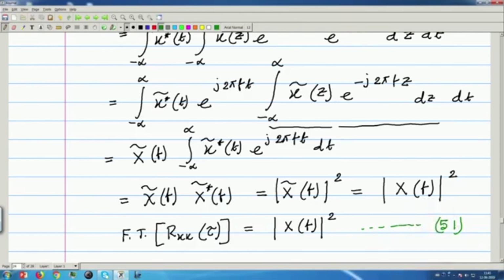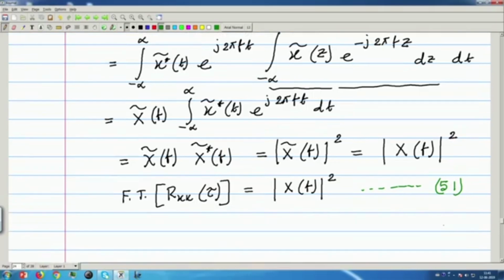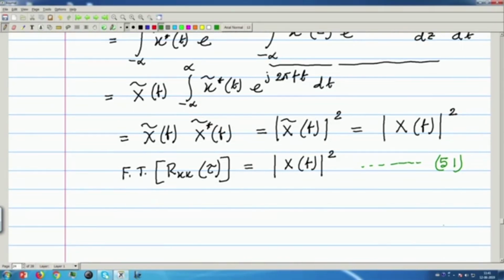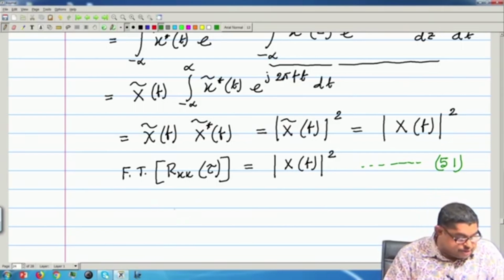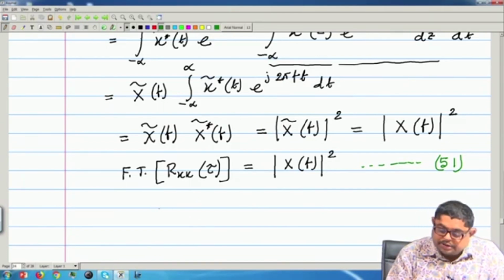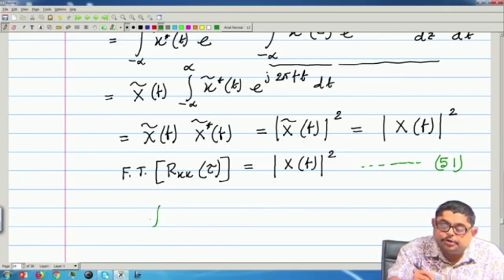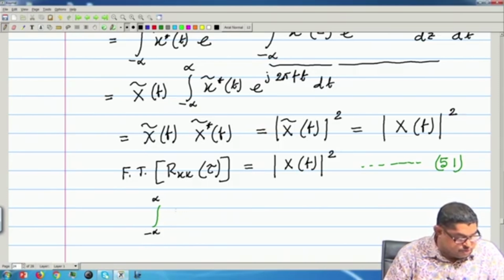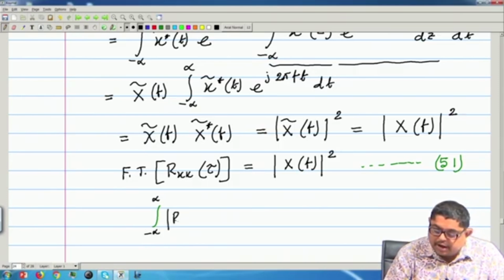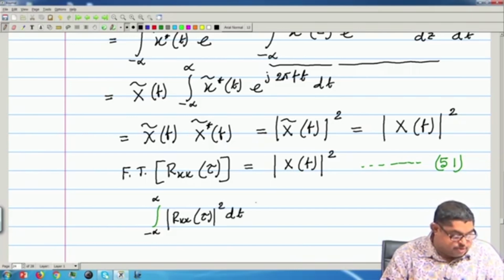So, if we see our delay resolution concept, there is a term, integral from minus infinity to infinity of r x x tau square d tau.